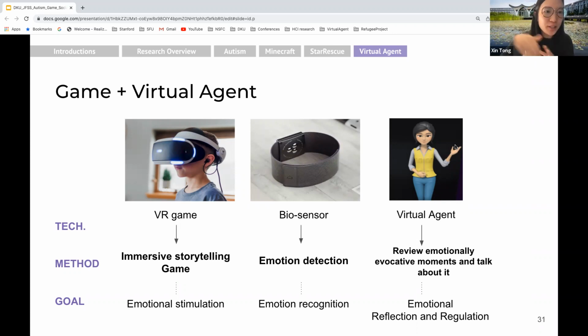So in the future, I'd like to work further on the game side, but also try to detect their emotions with the support of a virtual agent. I'd like to help children review their in-game recorded behaviors and reflect on them, to promote better emotional and behavioral self-regulation.